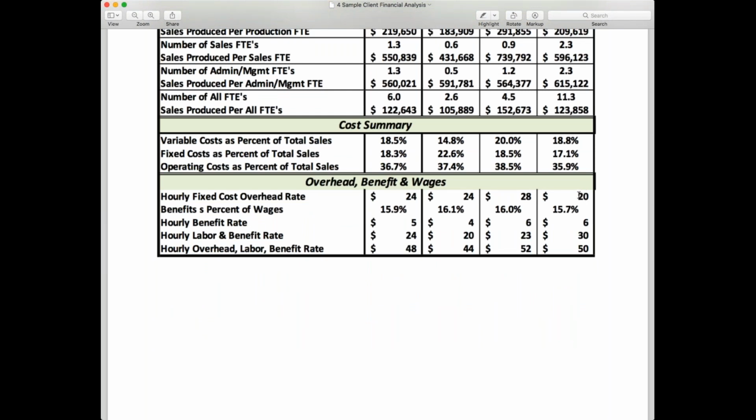That's the reason that this particular client's $9 level is very low, but that's offset by a higher ratio down here in the loaded labor rates. The percentage for taxes and benefits also stays relatively stable at around that 16% range.